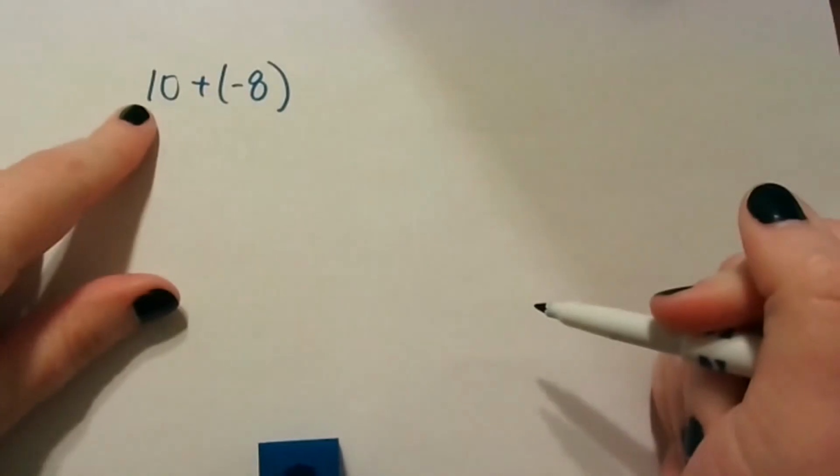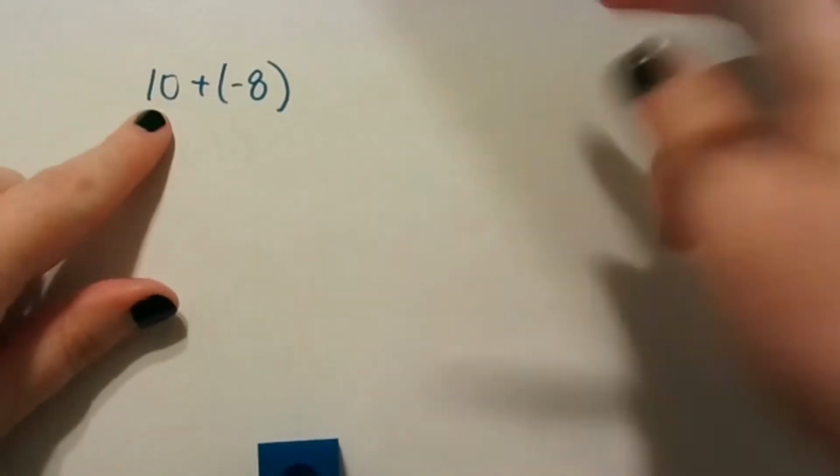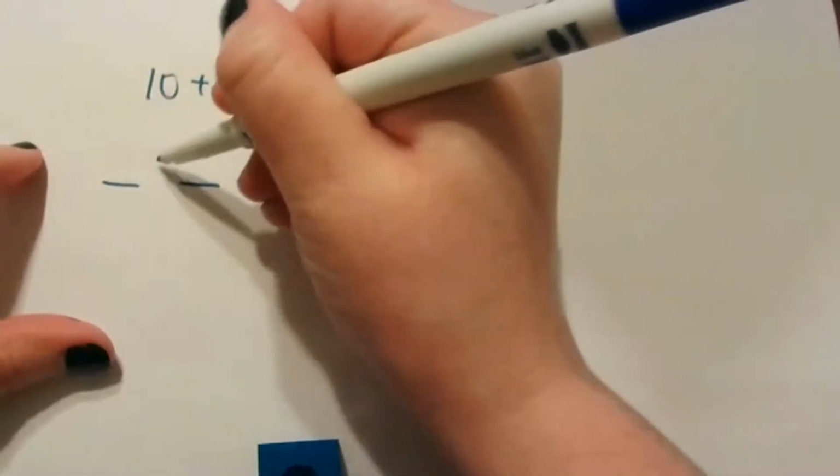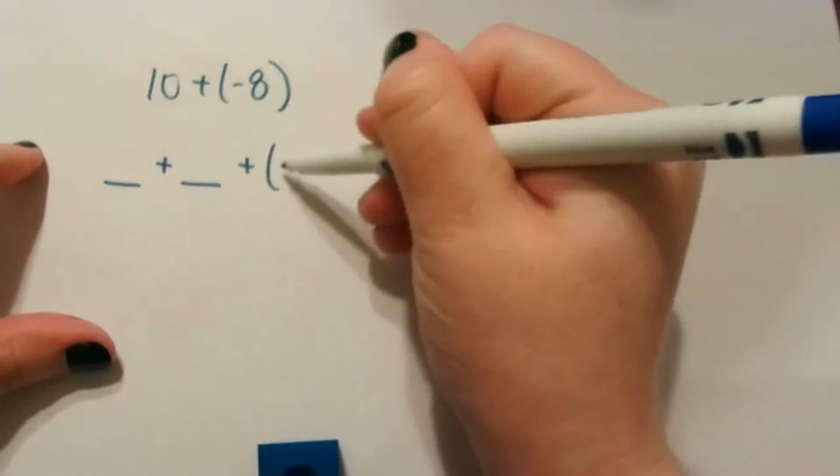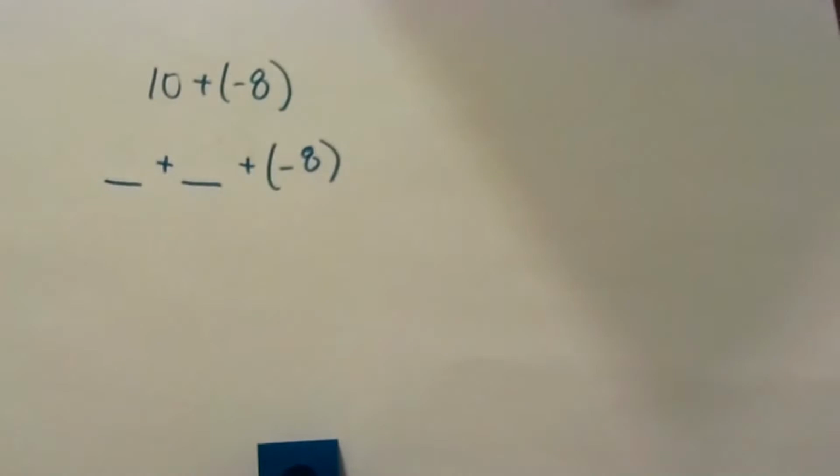If you had the numbers 10 plus -8, you need to split up the 10, because I would have more positive cubes than negative cubes, right? So we need to split that 10 up into 2 numbers to add to -8. Our goal is to zero out that -8.